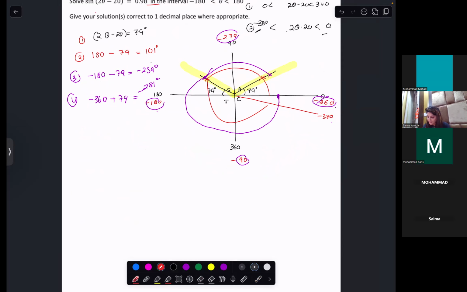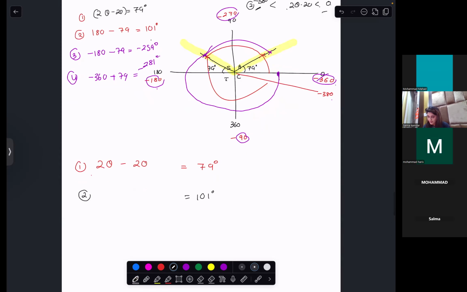So my four transformations: for the transformation 2 theta minus 20, the first angle is 79 degrees. The second angle is 101 degrees. The third angle is minus 259 degrees.